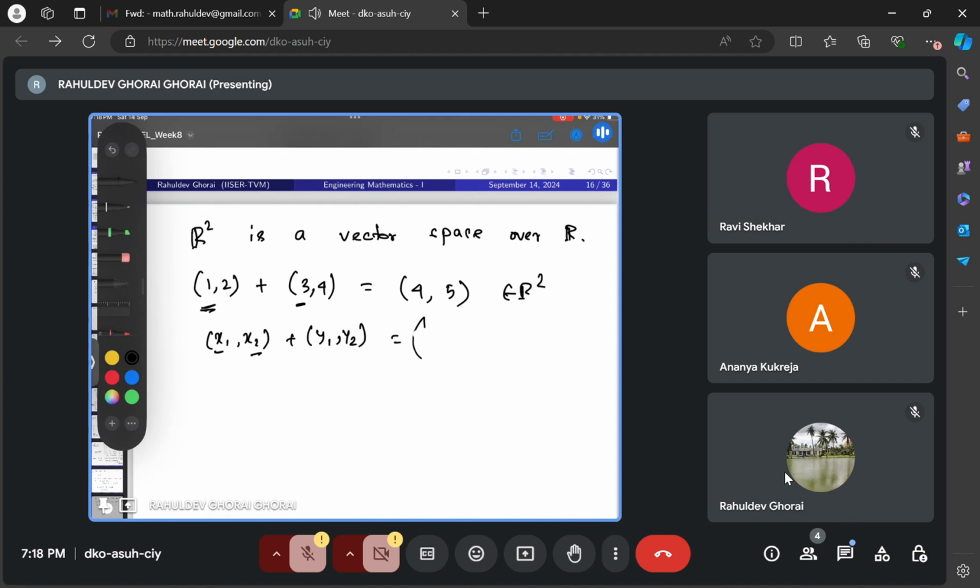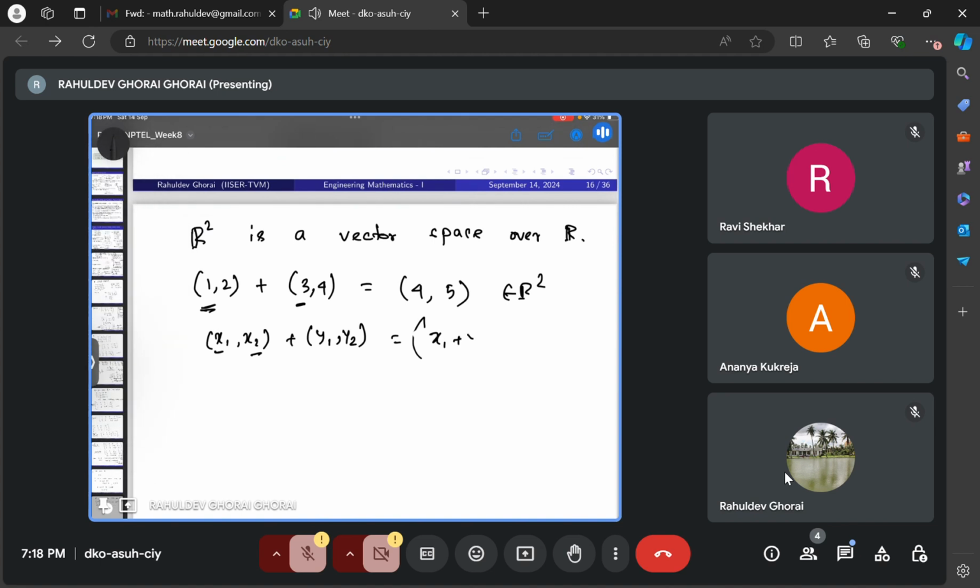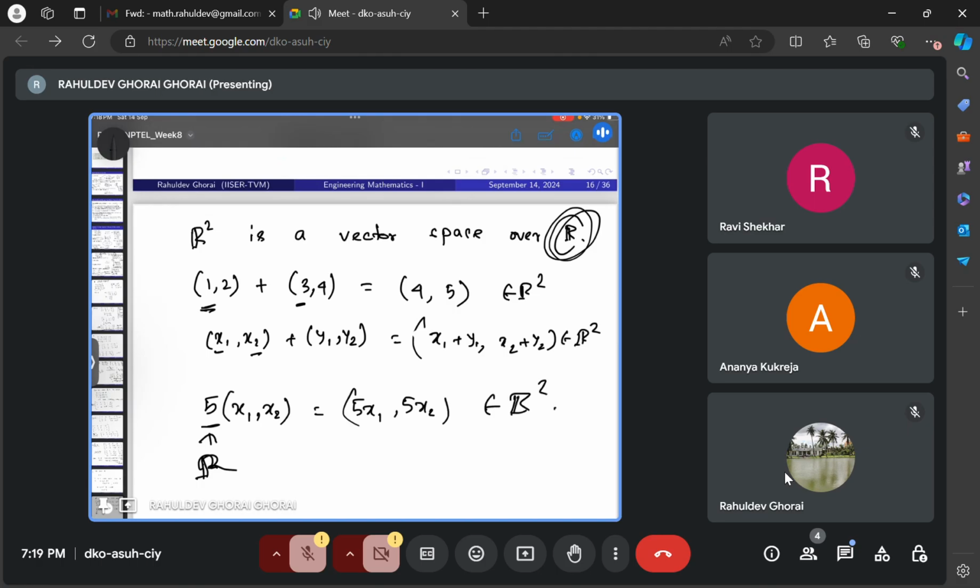So that should be then (x1 plus y1, x2 plus y2), that is also in R2. And if I take, suppose let's say, 5 times (x1, x2), 5 is from the set of real numbers, that is equal to (5x1, 5x2), that belongs to R2, right?